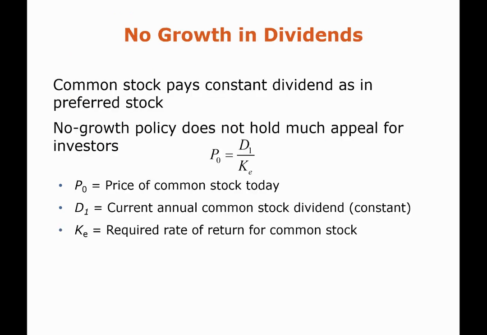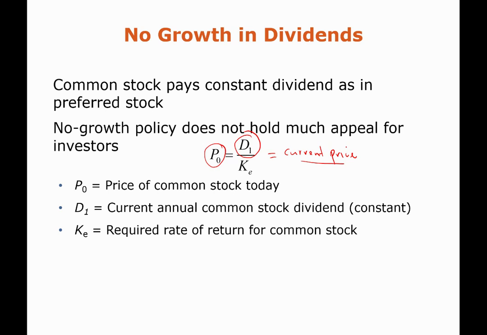If there is no growth in dividends, then to determine the value of the common stock, that is the current price of the common stock, what we do is take the dividend paid in year one divided by the required rate of return. That will give us the current price of the stock. Remember, the P naught here represents the current price of the stock.